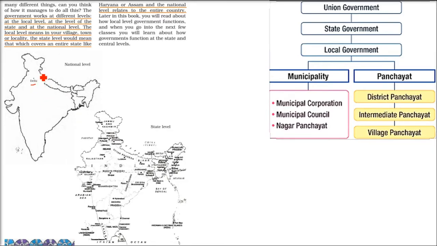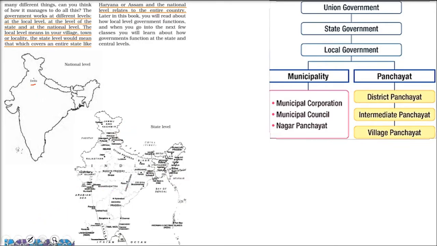So this government is called the central government. We call it a union government. We call it a national government. So for the whole country, we have a single government. Now you go to different levels.